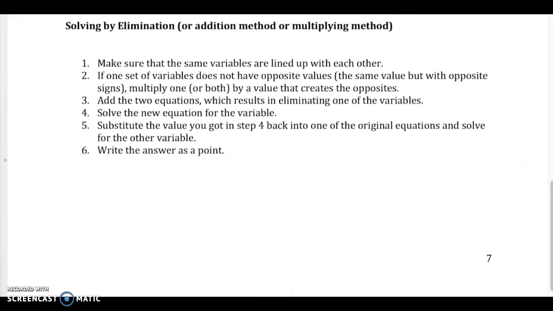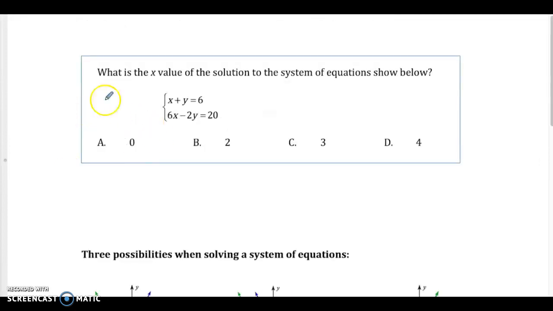Okay, so let's look at our options here. In this case, it says, what is the value of the solution to the system of equations below? And so here's our system, and they're just asking for the x value. Depending on how you solve this, you could solve this using substitution, elimination, or graphing. In this case, I would probably solve this by elimination.